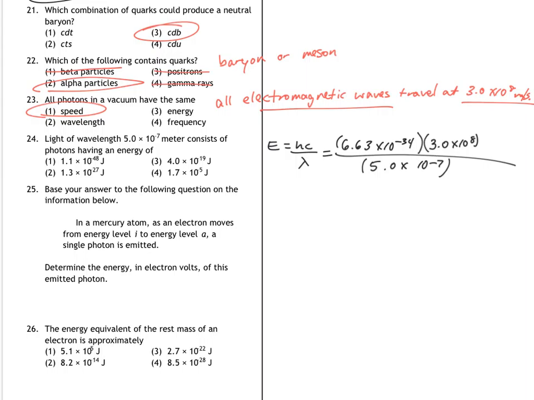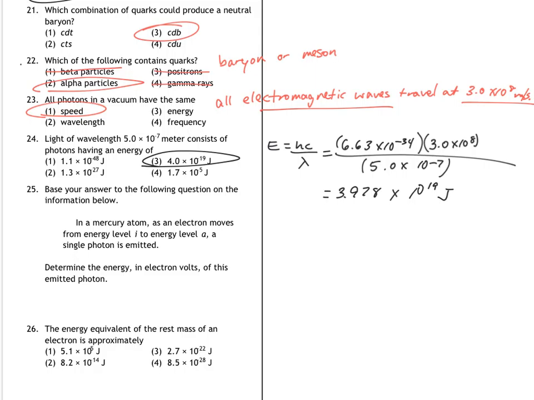And when I multiply just the multipliers first, I get 3.978 times 10 to the, and we're going to be doing a -34 plus 8 plus 7, which gives you a 19 as your exponent, and this of course would be in joules. So the best answer is choice 3, 4 × 10⁻¹⁹ joules.